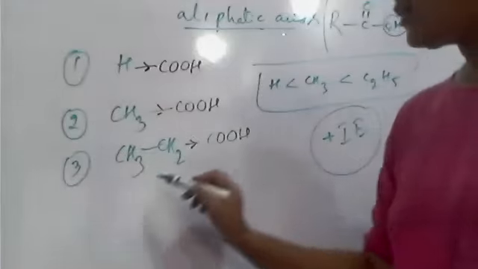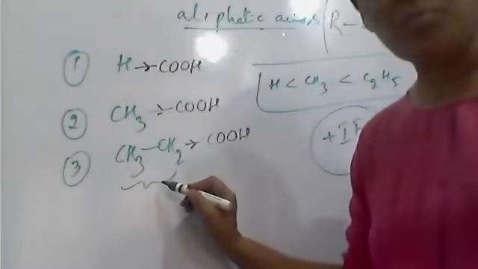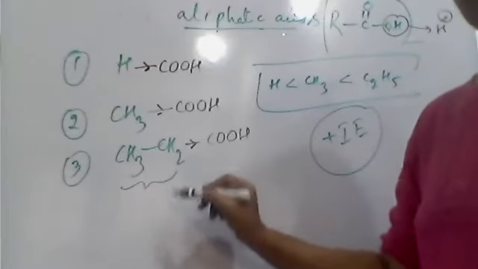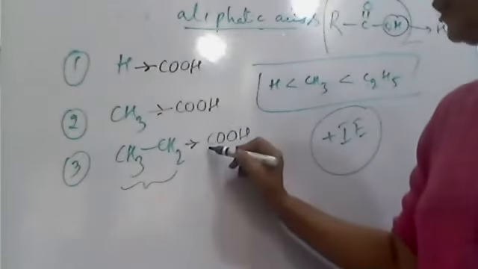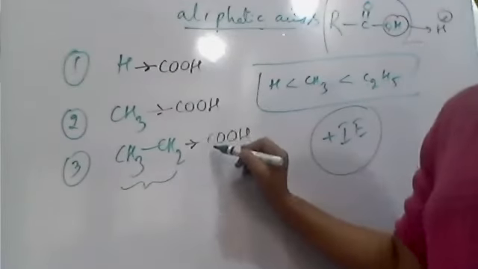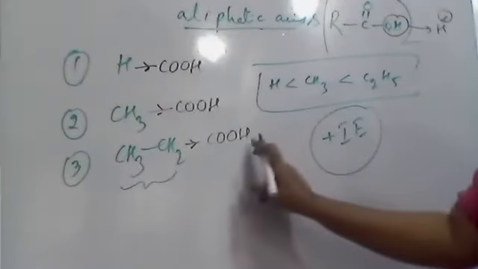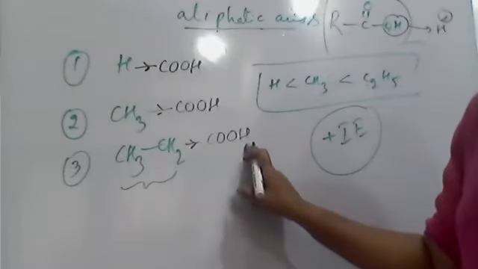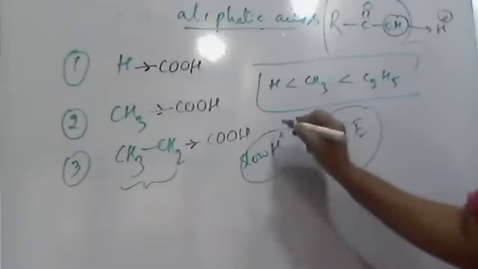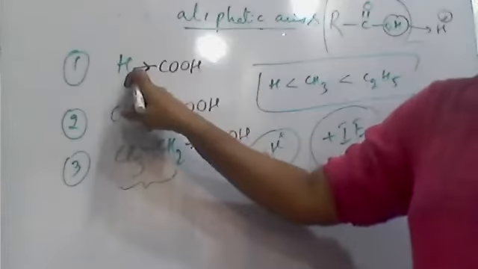So the electron donation capacity or plus I effect of ethyl is more. So ethyl, the bigger alkyl group, always donates more electrons to the carboxylic carbon. Therefore, on this carbon, electron density increases. So this third acid is a weak acid because it releases proton slowly. Whereas the first one, formic acid, has a very small group, hydrogen.